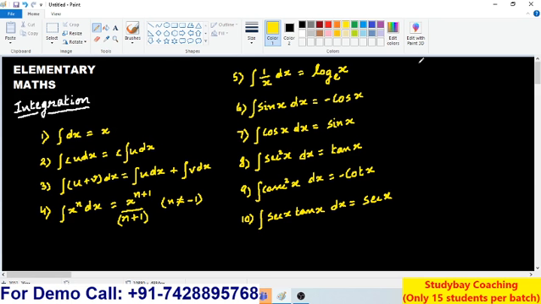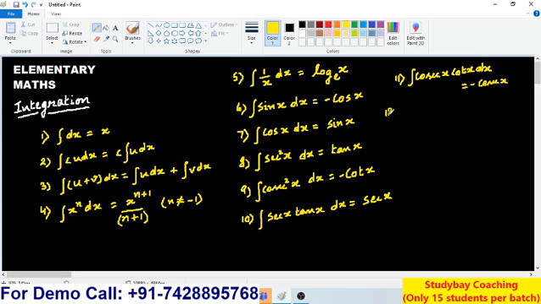Okay, then next one will be cosec x cot x, and this will be equal to minus cosec x. Fine.